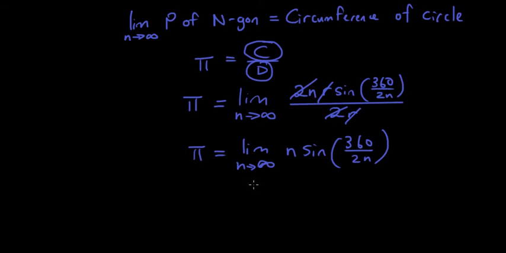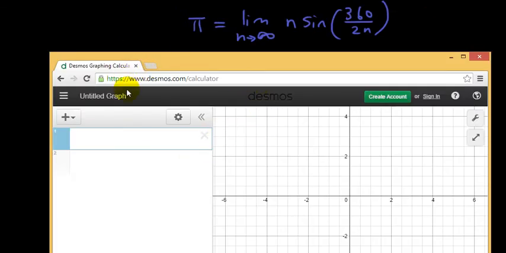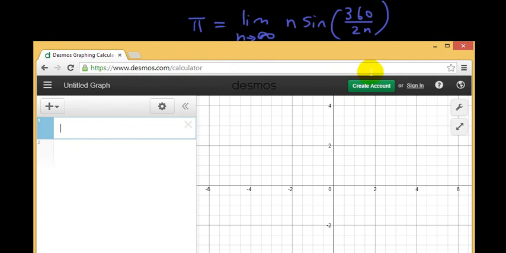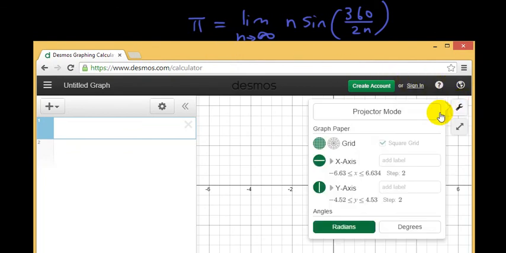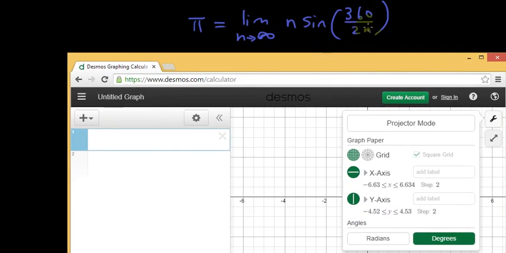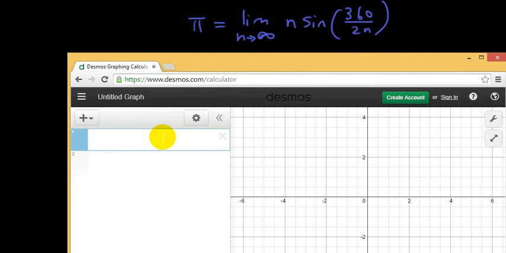Okay, so now let's find out what pi is using a calculator. So I'm in the Desmos graphing calculator, and the first thing I want to do is change the graph settings to degrees, because I'm using degrees right now, because I can't use radians as I don't know what pi is yet. So I'm going to set a number for n.